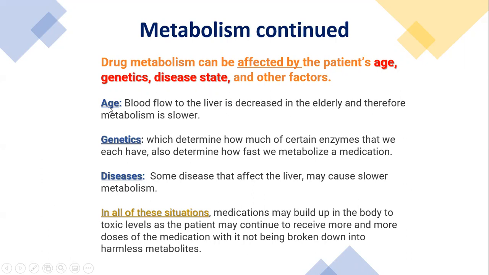What else? How does age influence the metabolism? Blood flow to the liver is decreased in the elderly, and therefore metabolism will be slow. Genetics, which determine how much of certain enzymes we each have, also determine how fast we metabolize a medication.